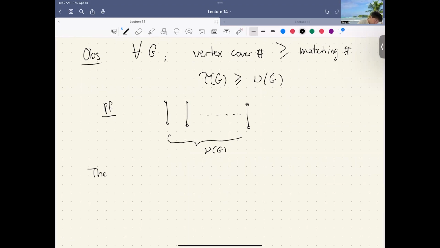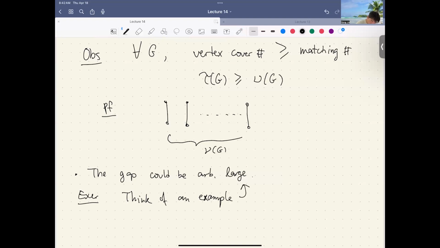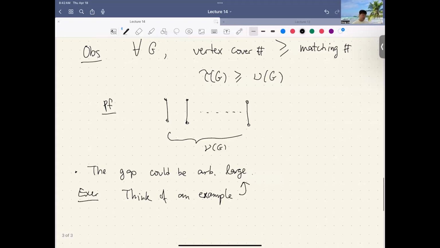The gap could be arbitrarily large. So, exercise: think of an example where the gap is large.